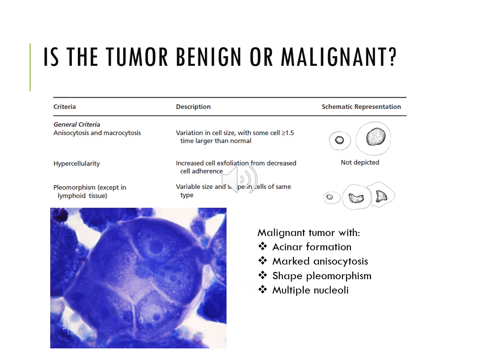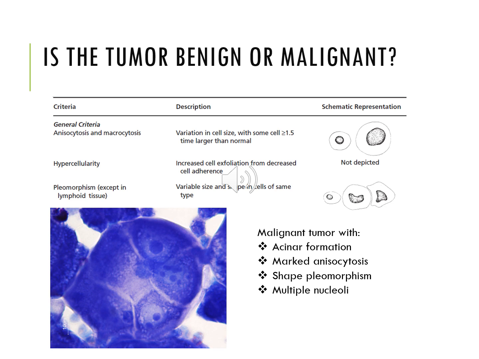So after we decide if there's a tumor present, and we decide there is, then we have to decide if that tumor is benign or malignant. To do this, we look at some general criteria of malignancy. Some of these criteria are on this chart here, and on the next page I have another chart which will be for your reference.